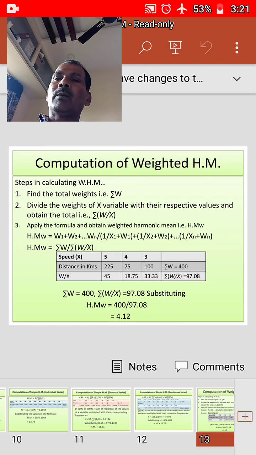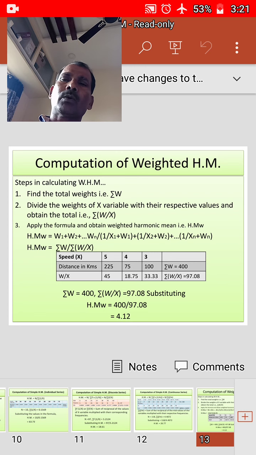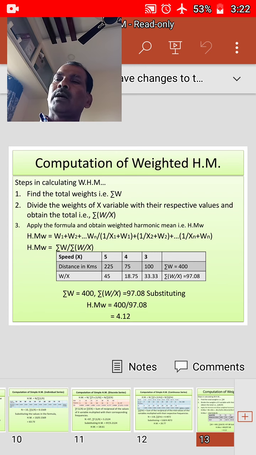W by x: that means distance is taken as weights, speed is taken as x. W by x is equal to distance 225 by 5, 45. 75 by 4, 18.75, and 100 by 3, 33.33.